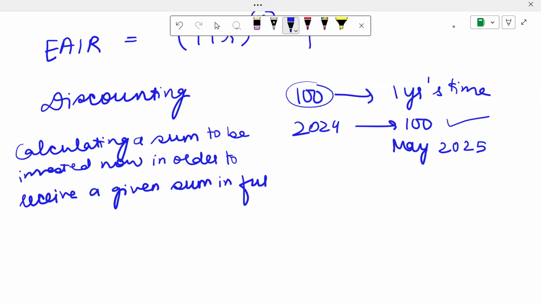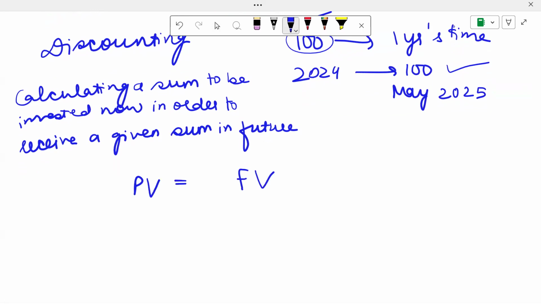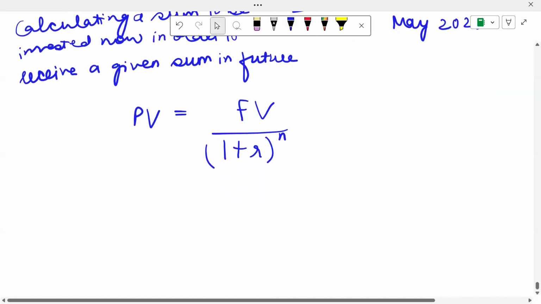Let's suppose you want to get 100 rupees after 1 year from now. How much money should you put in so that you're able to get 100 rupees 1 year from now? This is what discounting tells you. The formula for discounting is that present value is equal to the future value divided by 1 plus r, where r is the rate of interest, raised to the power n. This is the formula that we use to discount any cash flow that we want to bring to the present value.